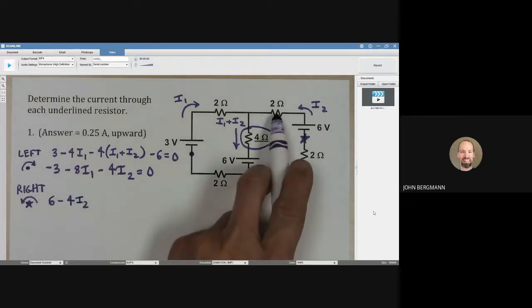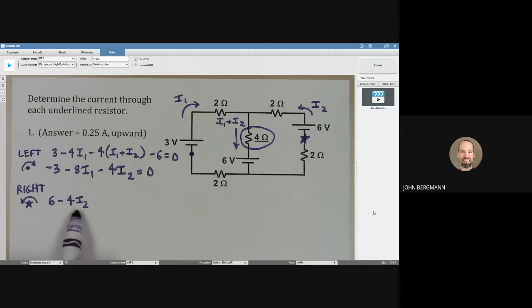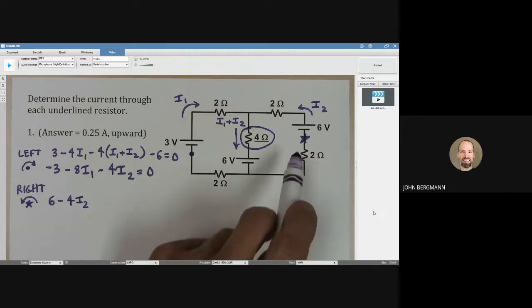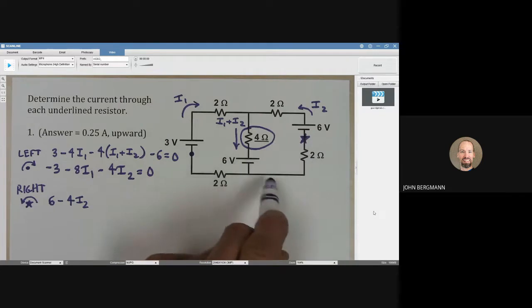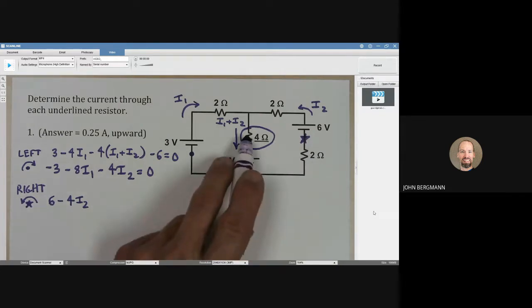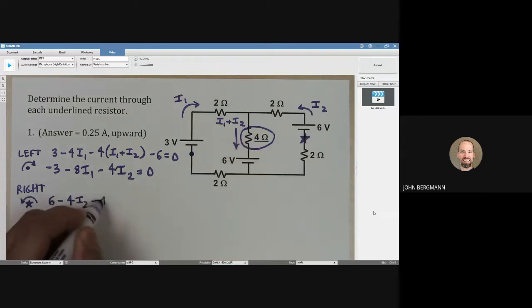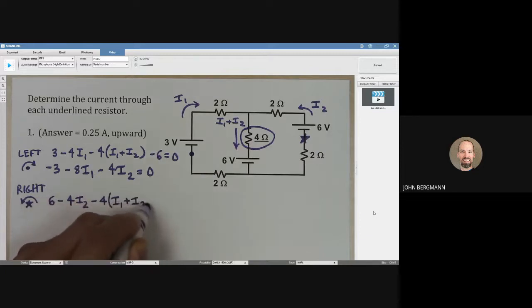That 2I2 and that 2I2 give me a total of 4I2, and it's minus because we are going through those resistors in the same direction that our assumed current is going. All right, and then when we get to this middle portion, we have to say minus 4 times the quantity I1 plus I2.